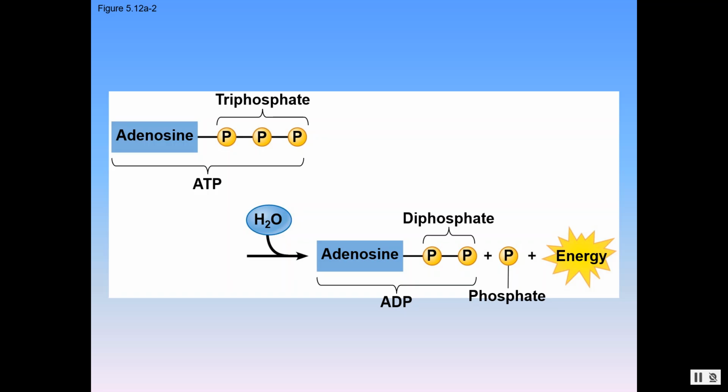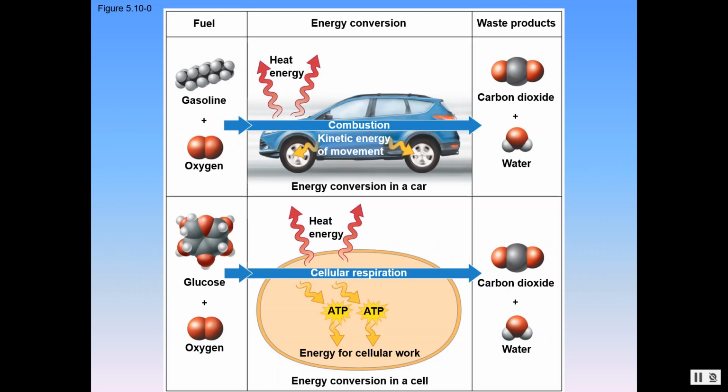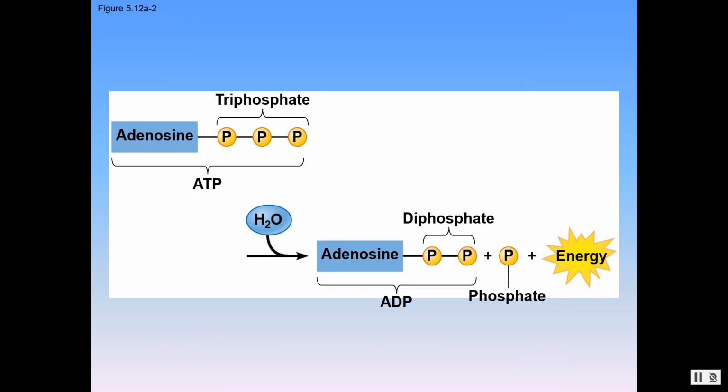So when we think about the bottom image here of this exergonic reaction, you see ATP. ATP is actually a smaller form of chemical potential energy. It's called adenosine triphosphate. It is an adenosine molecule plus 3 phosphate ions attached to the end. And when you release one of those phosphate ions from ATP, you get what's called ADP.